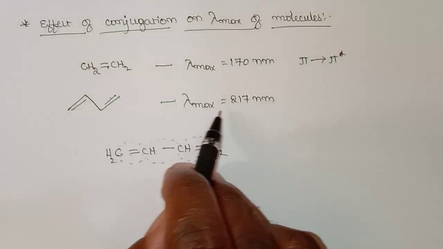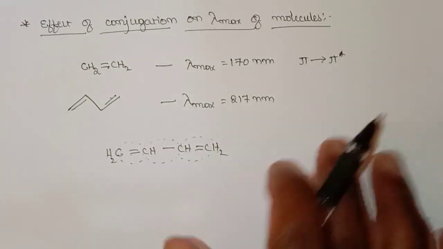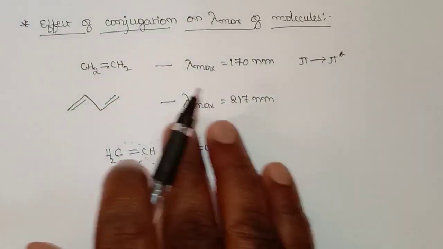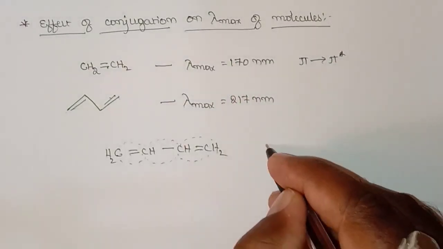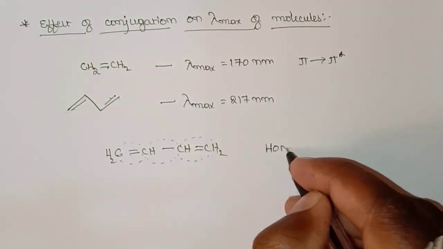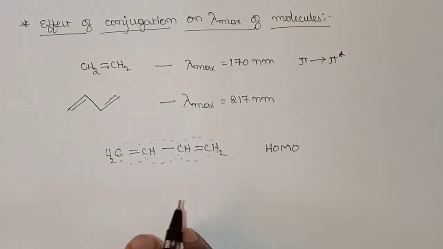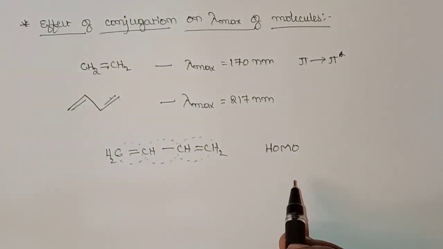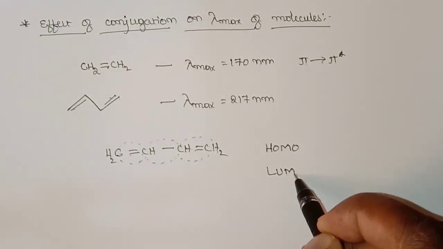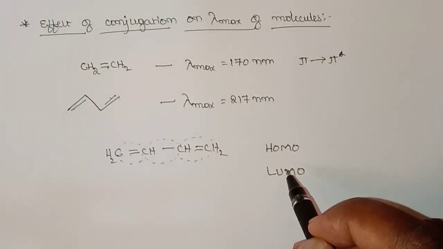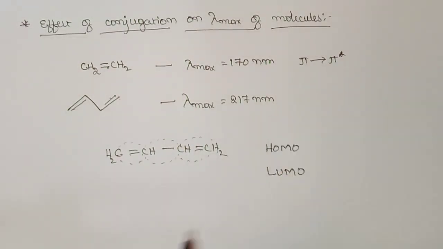Because of the spread of electron density over multiple atoms, the energy of the highest occupied molecular orbital, that is HOMO, increases, and simultaneously the energy of the LUMO, the lowest unoccupied molecular orbital, decreases.